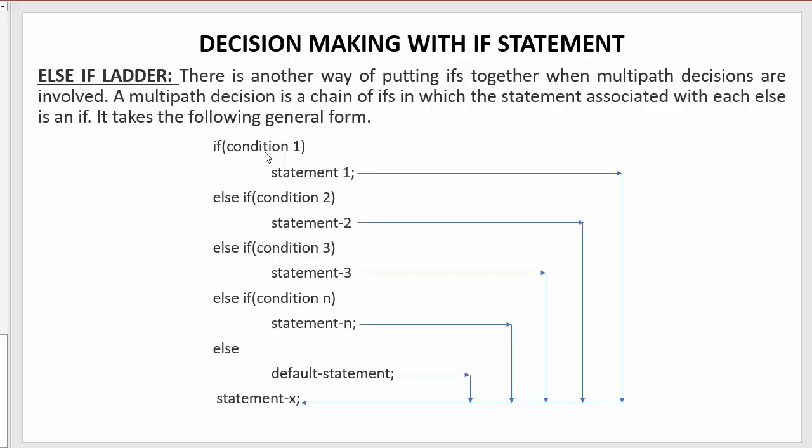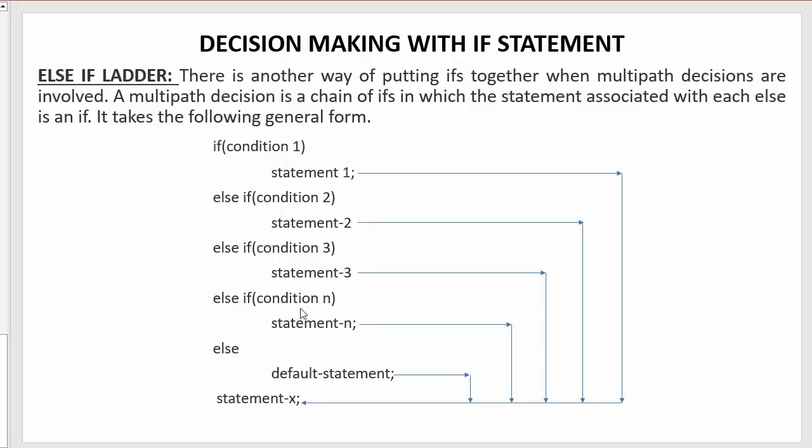And suppose condition 1 and condition 2, both of these conditions didn't get satisfied, then the control will come to check for condition 3. If this condition 3 gets satisfied, then the statement 3 gets executed followed by statement X. Suppose condition 3 also didn't get satisfied, then it will keep on checking each and every condition.